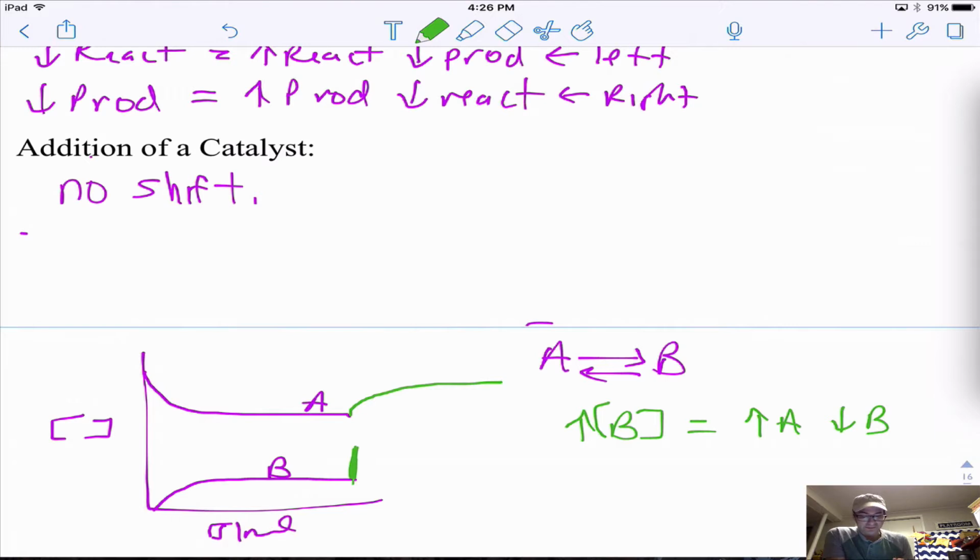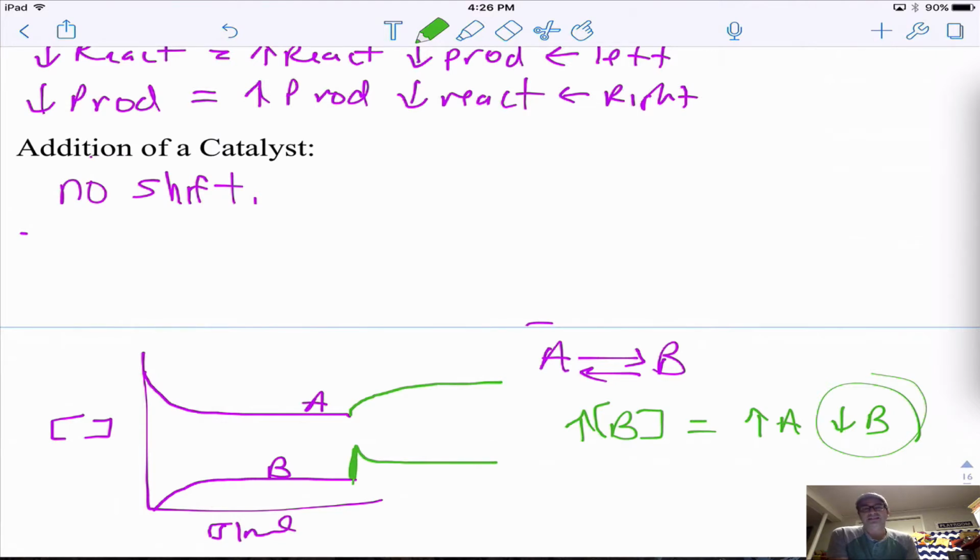B will decrease slowly from the increase, and then eventually you'll reach equilibrium again. Now notice, B decreases from where you increased it to. It usually does not go below the initial concentration of B in purple. A increases slowly, and it will eventually level out and reach equilibrium too.